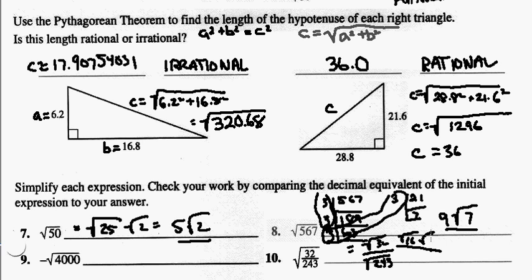So I have the square root of 16 times the square root of 2, which turns into 4 square root of 2. And 243, if I divide that by 3, I get 81. And divide that by 3, I get 27. Divide that by 3, I get 9. Divide that by 3, I get 3. So 243 is 3 to the 5th.